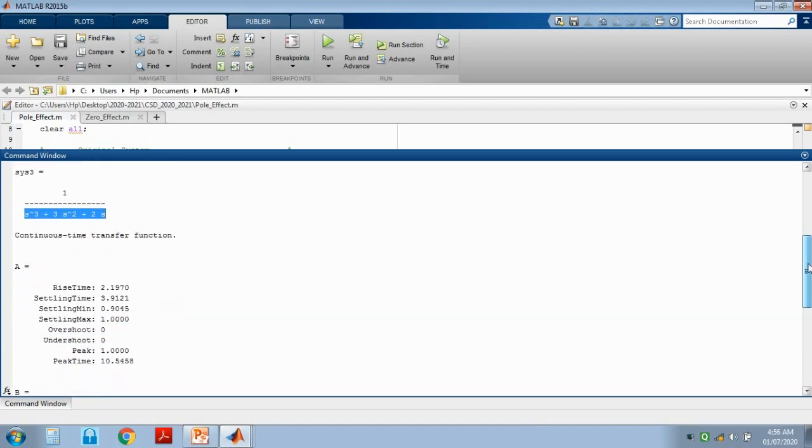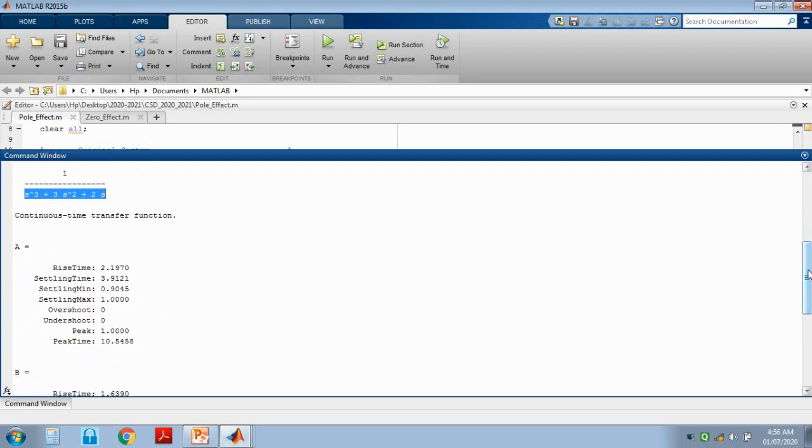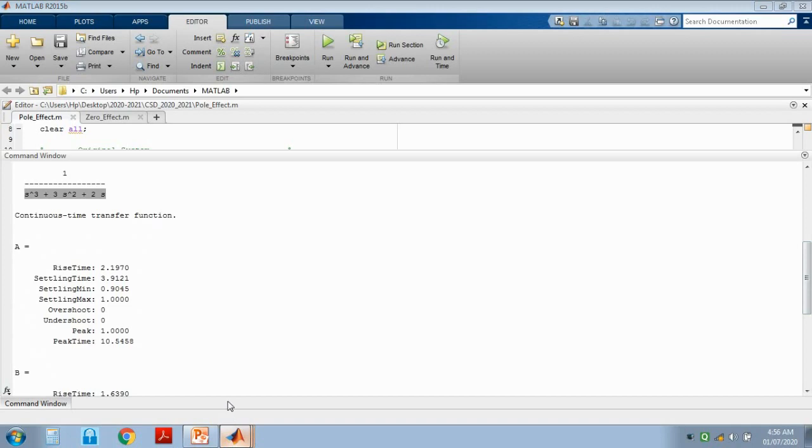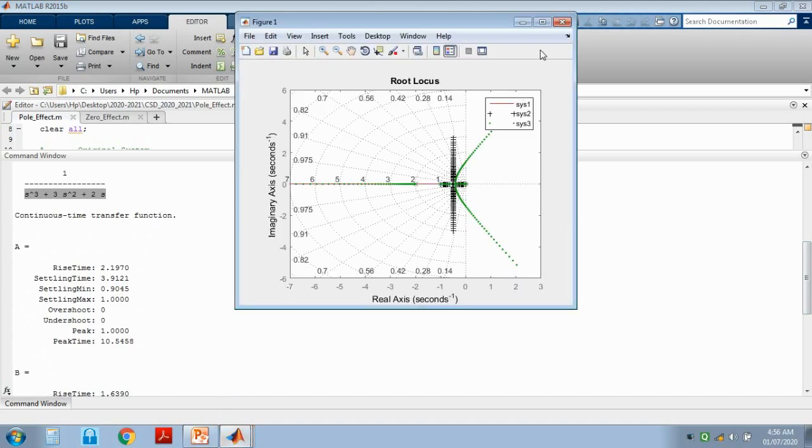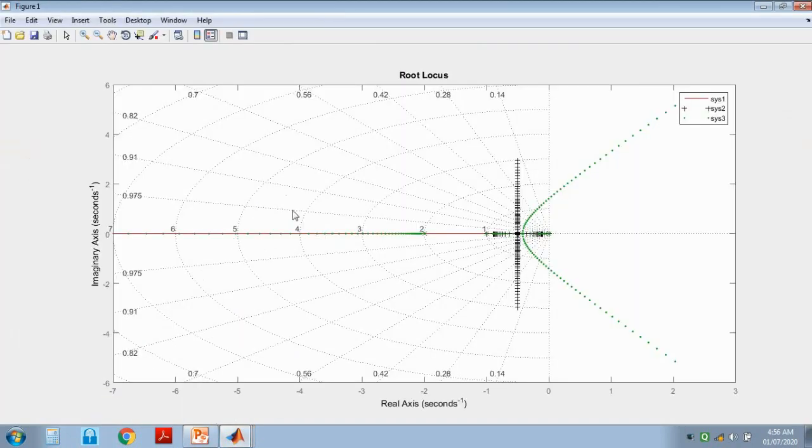Now the root locus plot of all these three systems is as shown in figure 1. Here it is observed, this is the simulated graph in MATLAB. The red plot indicates that the root locus branch travels towards infinity, towards the left hand side.